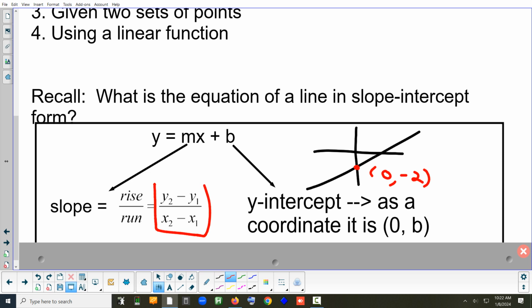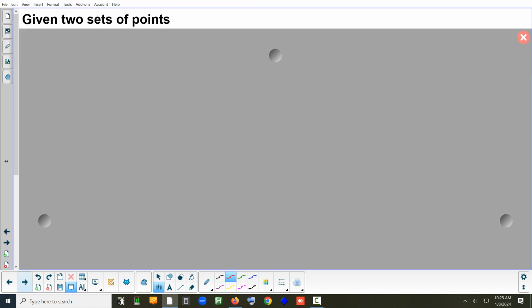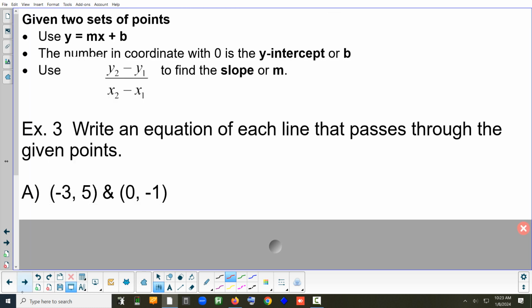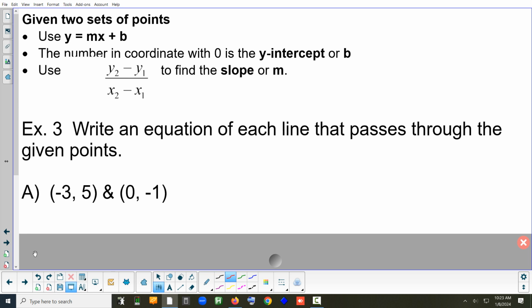And remember these values right here, those come from a coordinate. So if I gave you, let's just skip ahead 1 second, 2 points like that, that's where you would have to use the rise over run formula. That's x1, y1, x2, and y2.